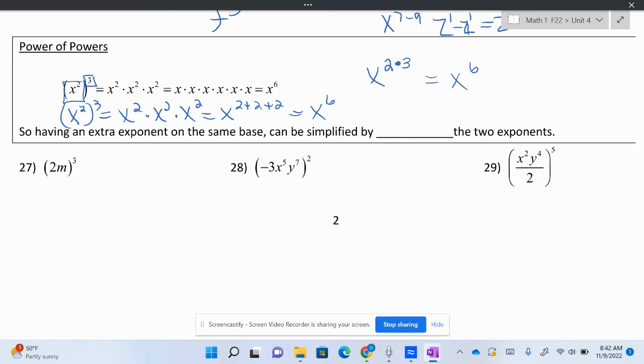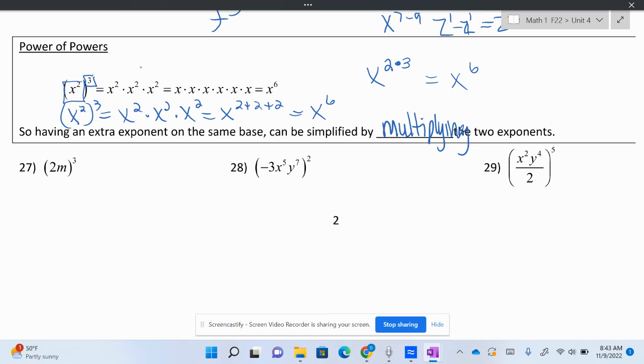So when you have an extra exponent on the outside, when you're taking a power and you're raising it to the power, you can simplify that by multiplying the two exponents. When you do that, it's important to make sure that every term has an exponent on the inside. Every single number, constant, variable, has a power on the inside.